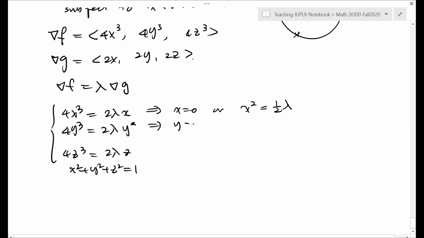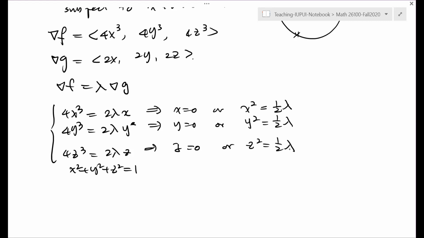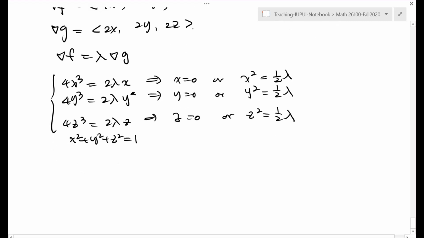And similarly, either y is 0, or y squared equals half of lambda. Or you can get z equals 0, or z squared equals half of lambda. So there are in total how many possibilities? 2 times 2 times 2, 8 possibilities.